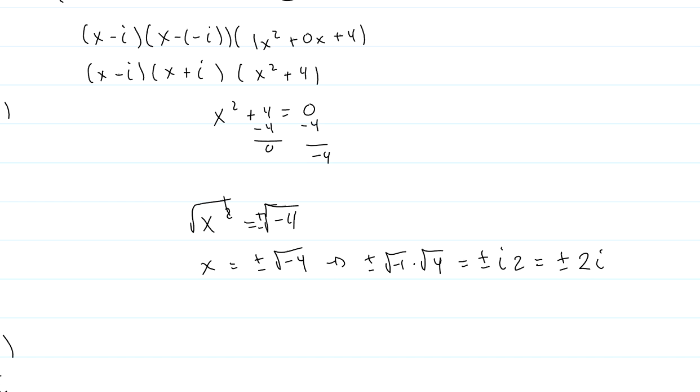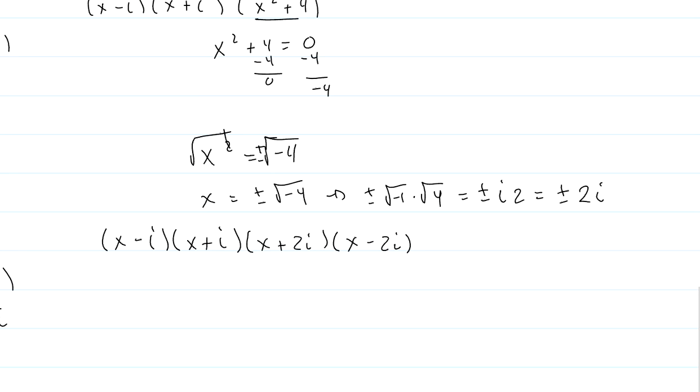So those are two solutions. So I'm going to rewrite this as x minus i times x plus i, and then we broke this down now to x plus 2i and x minus 2i.